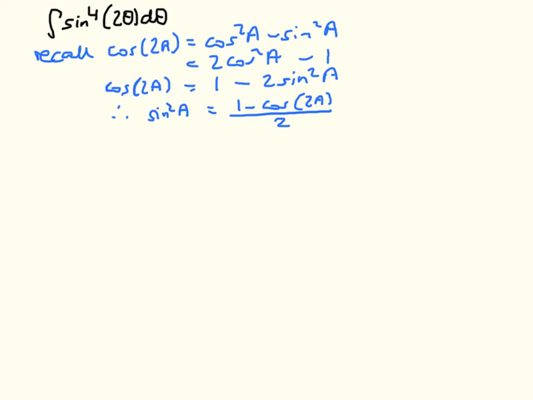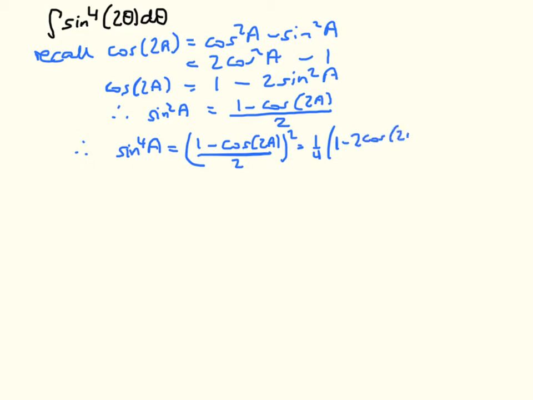So therefore, sine to the 4th of a is 1 minus the cosine of 2a over 2 all squared, which is 1/4, 1 minus 2 cos 2a plus the cosine squared of 2a, close brackets.